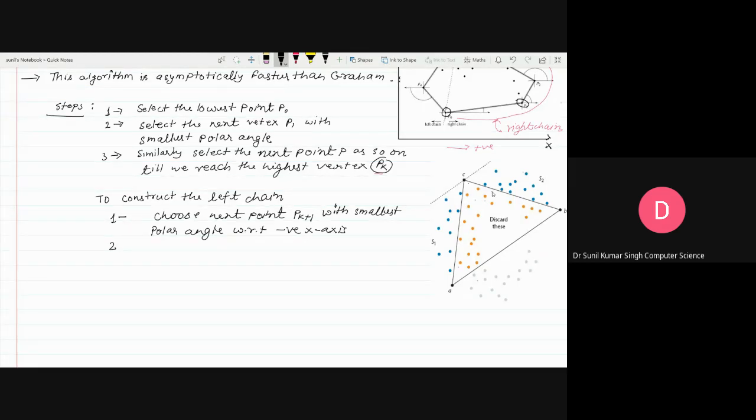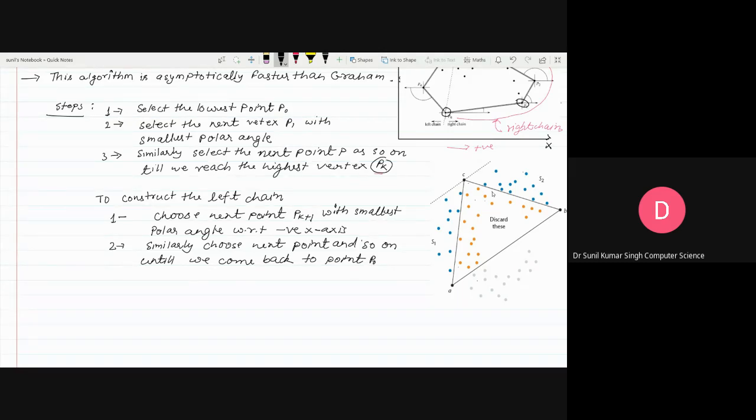Similarly, choose the next point, and so on, until we come back to point P naught.